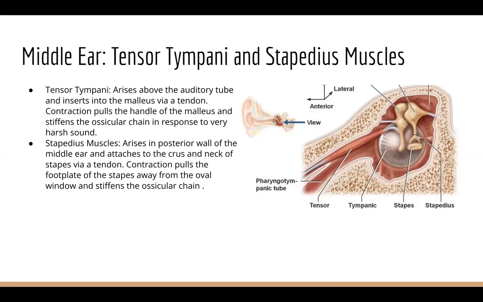The contraction will then pull the foot plate of the stapes away from the oval window and stiffen the ossicular chain. Both the tensor tympani and the stapedius muscles are used as protective reflexes, and they help reduce the amount of sound that gets into the inner ear.